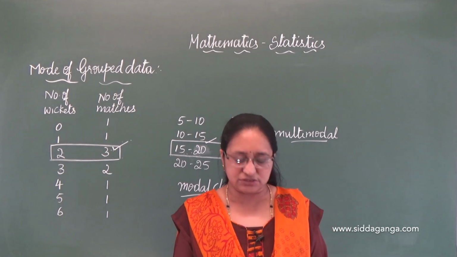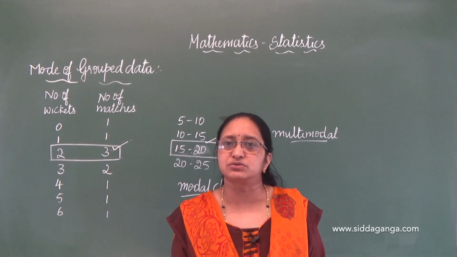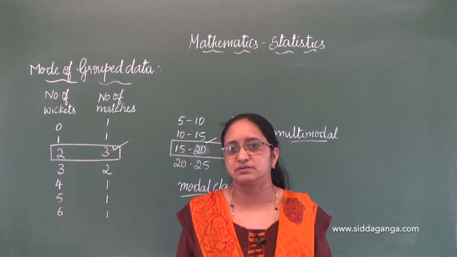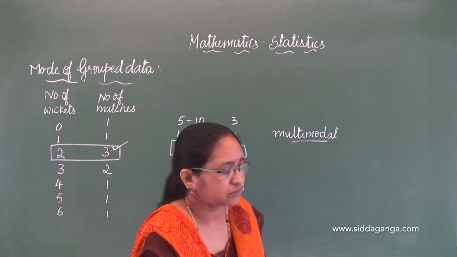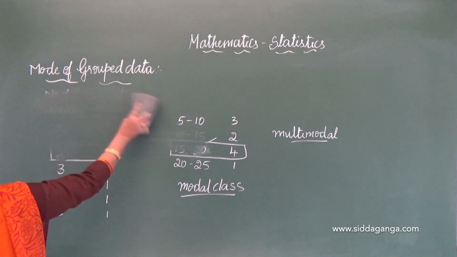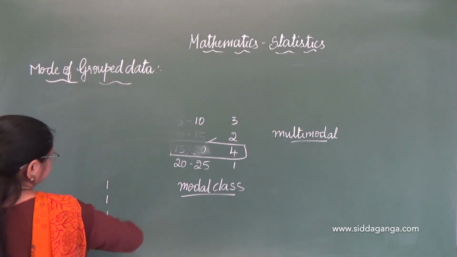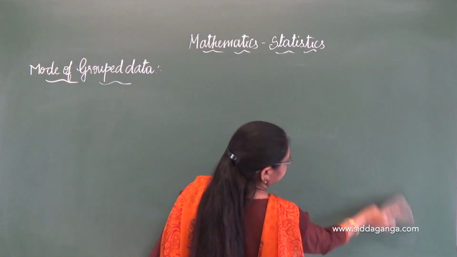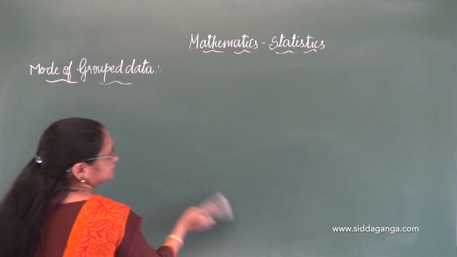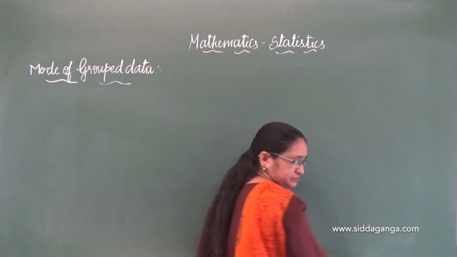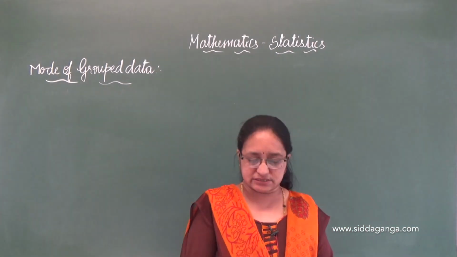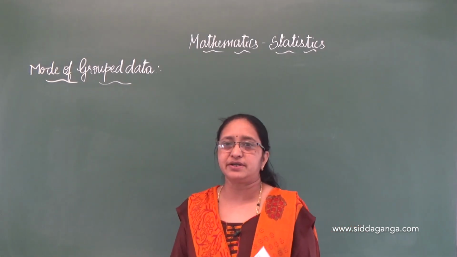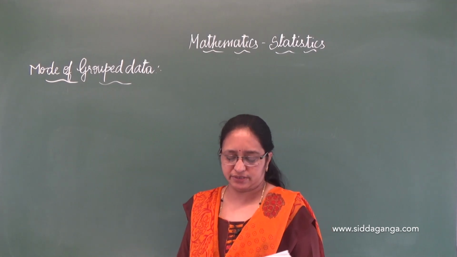Along with the explanation, I will give each term in that formula. Now let us find the mode of grouped data. Please refer to example 5 on page number 273.